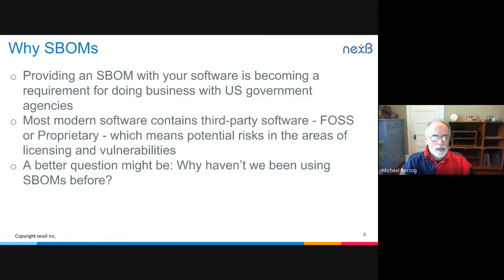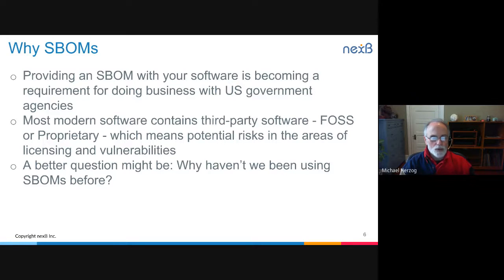So that is the driving force that has brought SBOM to the forefront, but this has been an issue for a long time, for lots of reasons. One is that most modern software contains third-party software, free and open source or proprietary, which has potential risks for licensing or vulnerabilities.